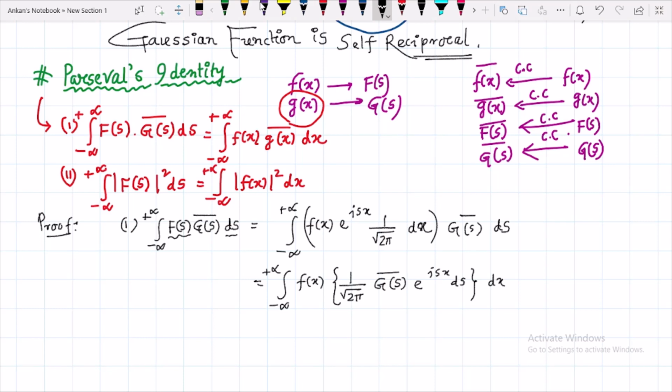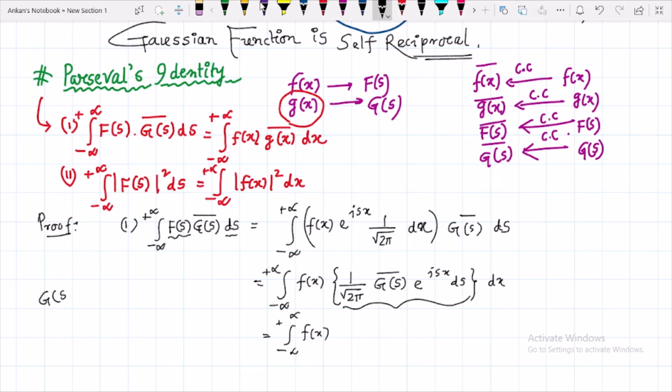No, not the difficult one, you can arrive at it. So, what does it signify? The integral from minus infinity to infinity is nothing but the inverse Fourier transform of G bar(s). Why?